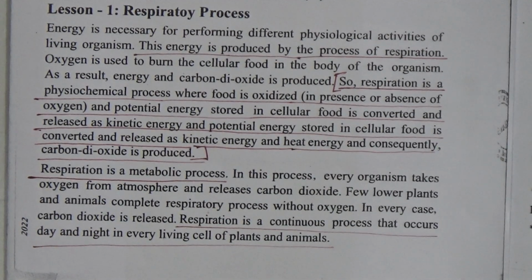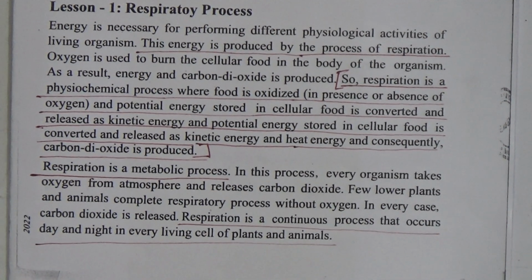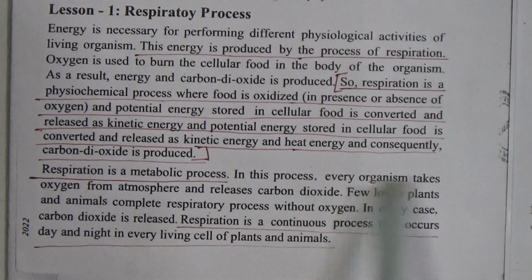In respiration, carbon dioxide is always produced, and for respiration oxygen is very essential. Respiration is a metabolic process. In this process, every organism takes oxygen from the atmosphere and releases carbon dioxide.